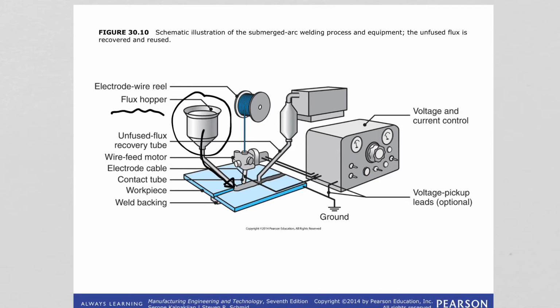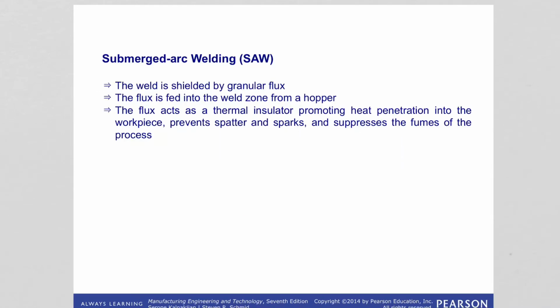This flux layer also provides thermal insulation to the weld, and this causes slow cooling, which produces soft and ductile welds. But this process is limited mostly to welds in a flat or horizontal position.